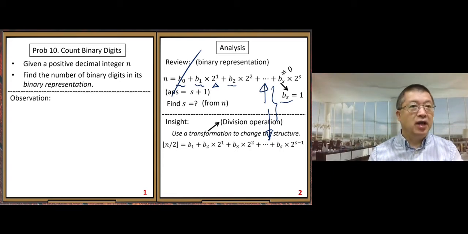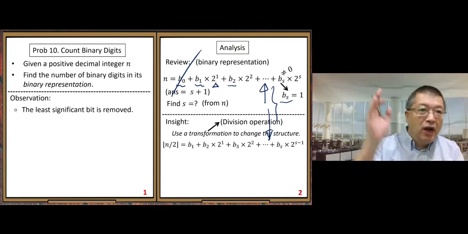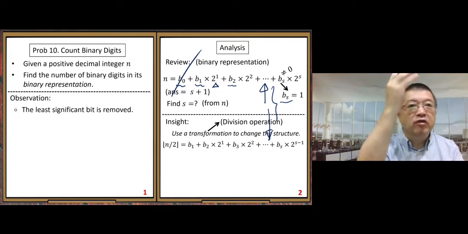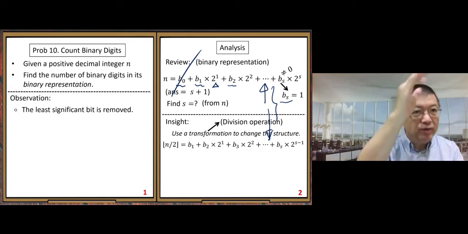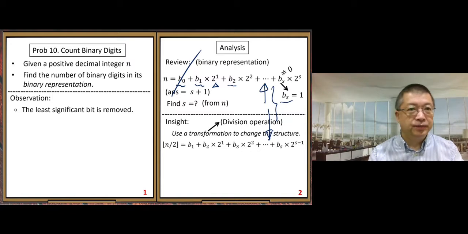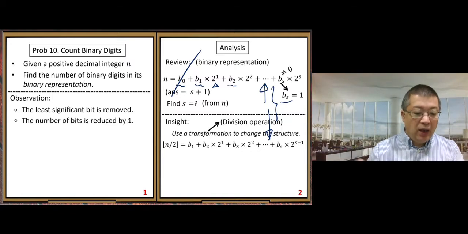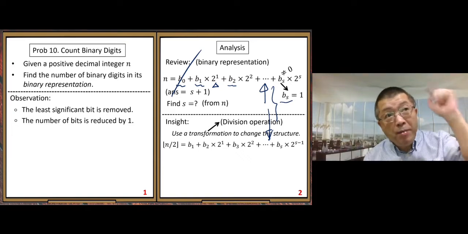All right, so let's do the observation here. First, the least significant bit, b0, is removed after I do base 2 division. The number of bits is reduced by 1. We only remove 1 bit.